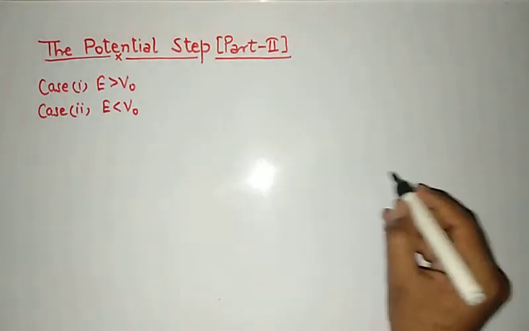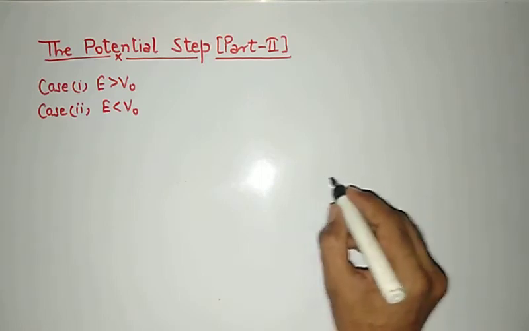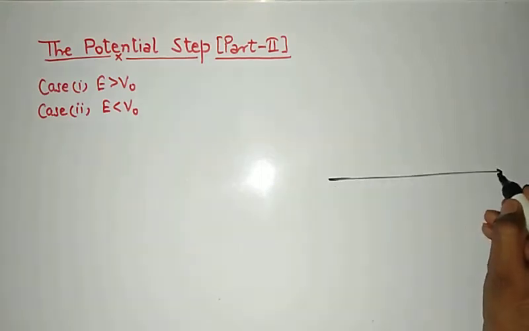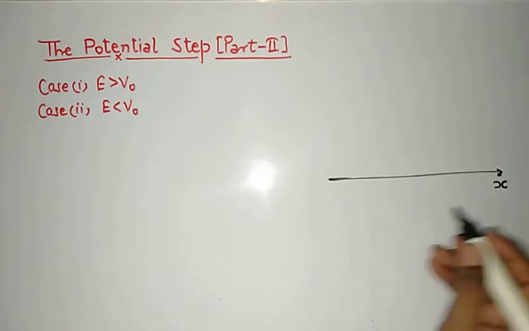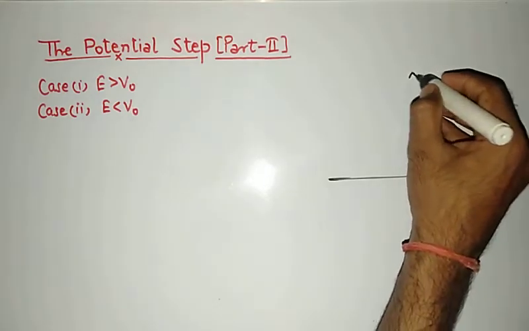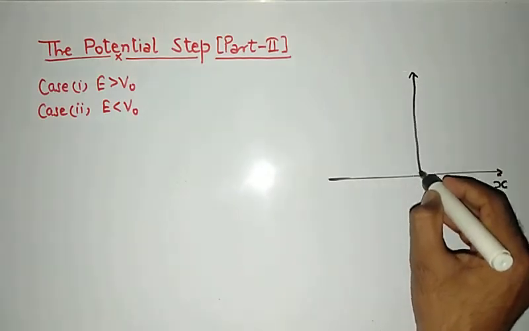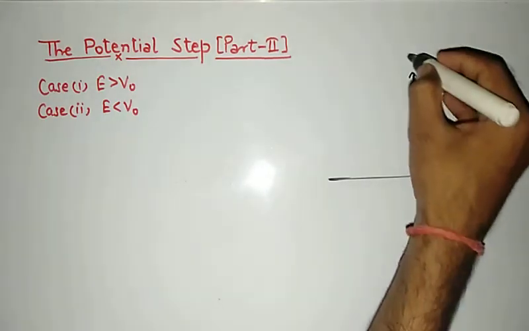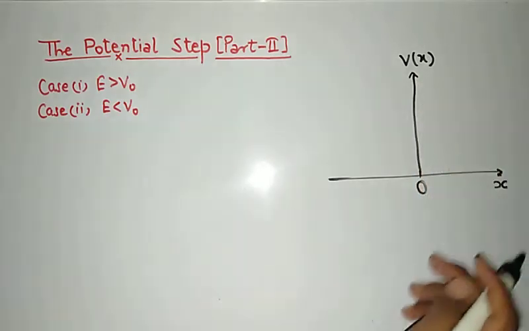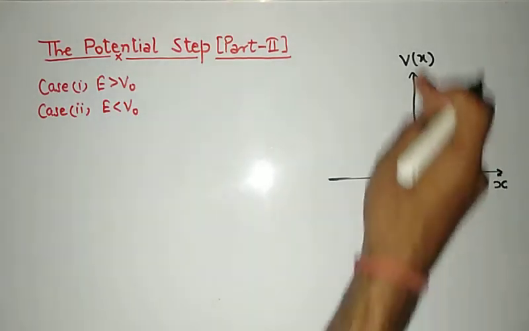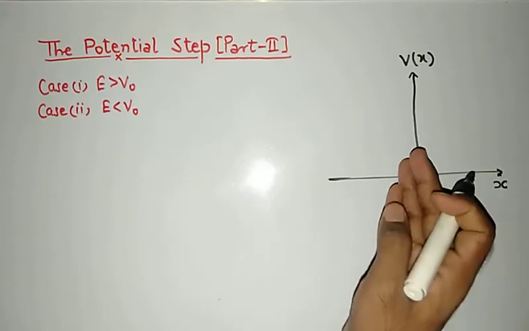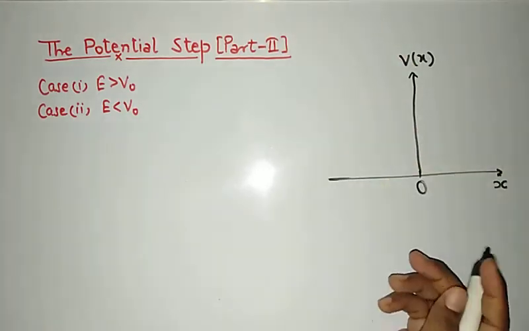We have this one dimension x, here Vx, potential at origin indicated here. X axis, y axis you may take, but this is generally for potential.